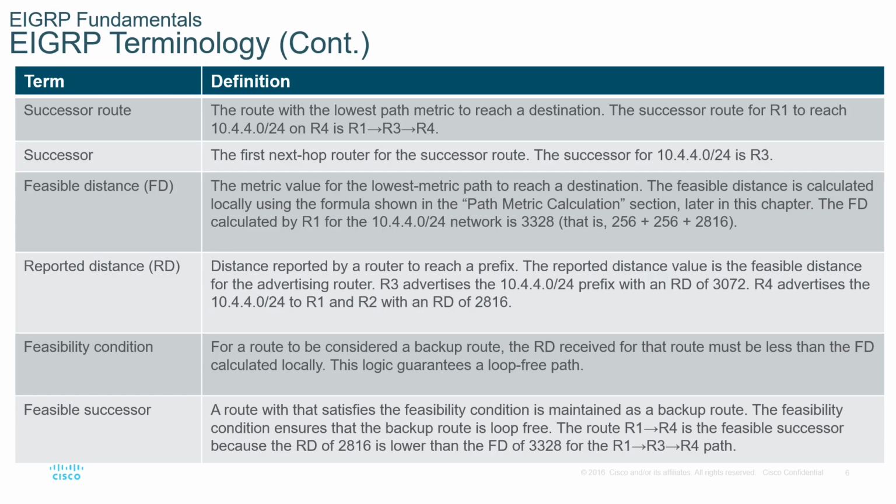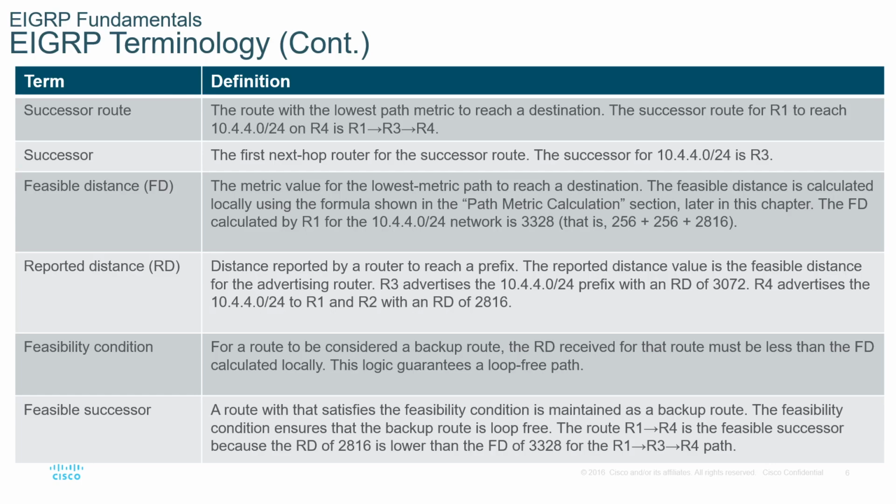Next is reported distance. This is the distance that our neighbour is reporting for the metric. And then you have the feasibility condition. This is the rule for determining that backup route. So the reported distance received for the route must be less than the feasible distance calculated locally.